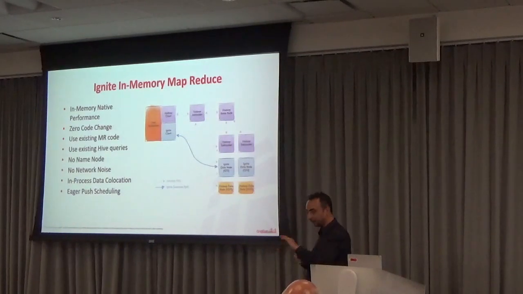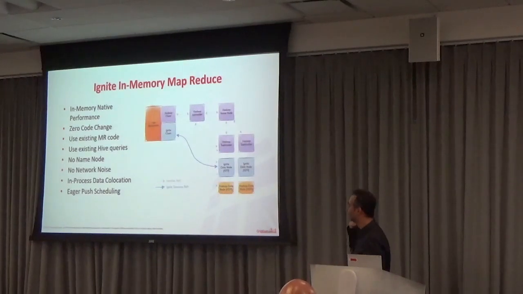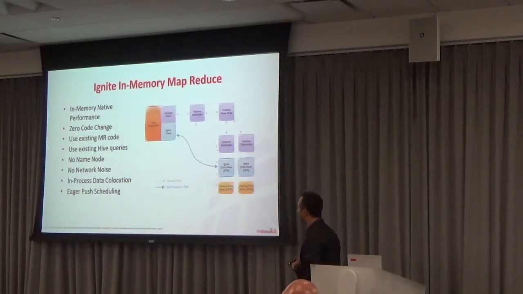Briefly on this, before I hand it over to my colleague: essentially everything in gray here is what Hadoop does to execute a MapReduce job, and the blue line is what we do. Our scheduling is very aggressive, and a lot of processing happens directly with the data cached in memory within files, so we don't have any serialization or deserialization.